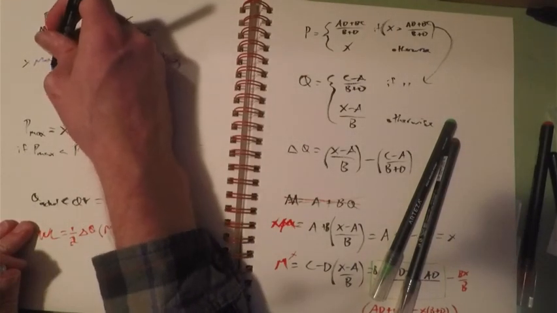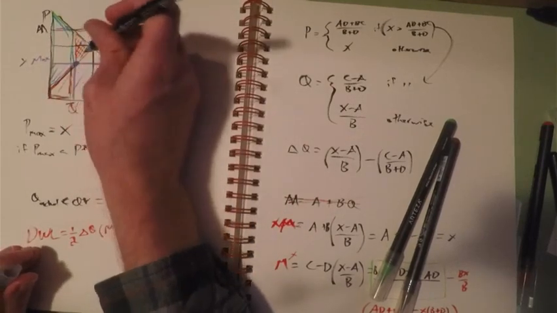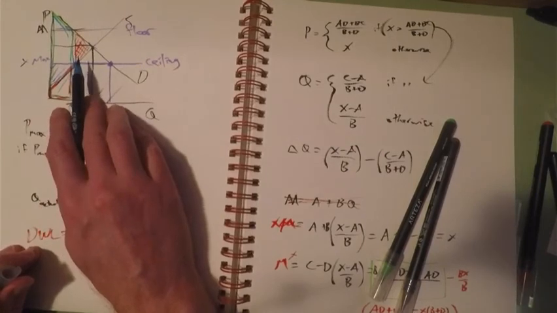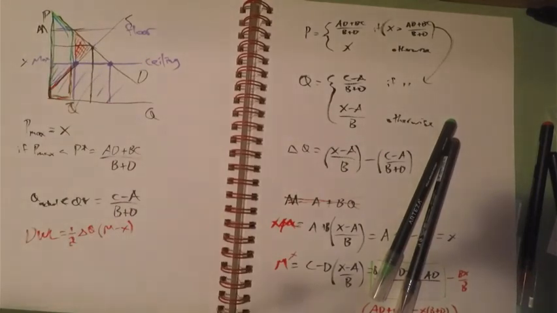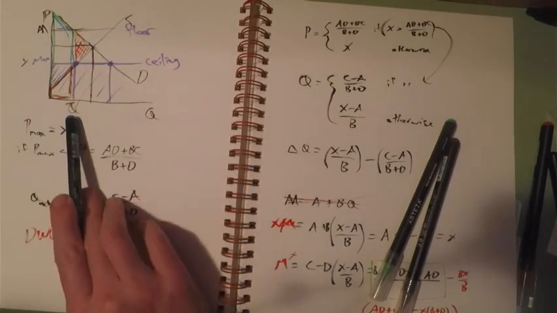Right? So if we have that best-case scenario, then we get this total surplus, we miss out on this, and this is our dead weight loss that we must necessarily have from a price ceiling, or an equivalent price floor, right? A price floor that restricts quantity to the same level.